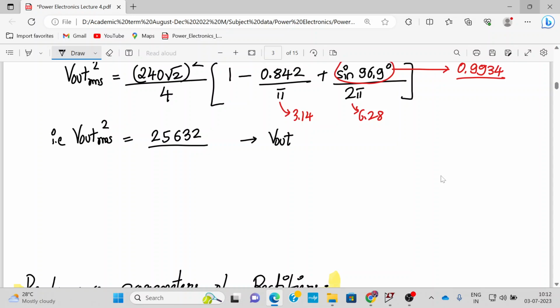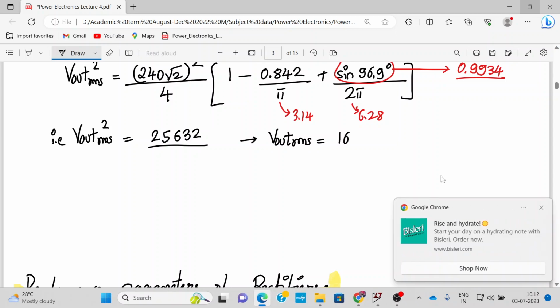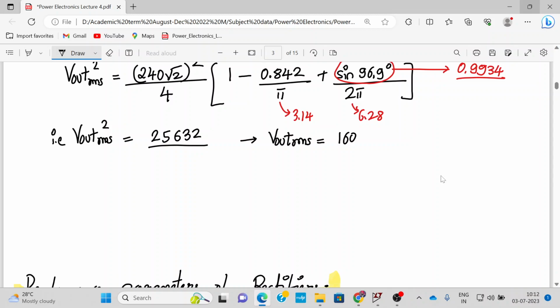So from here, V out RMS will be around 160.1 volt. Okay, so that's the value of V out RMS which we get. So from here we have to calculate PDC. So PDC will be equal to V out RMS square.